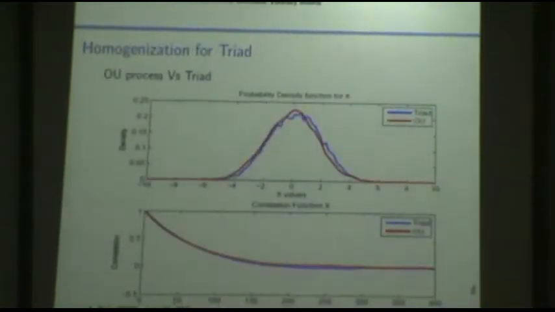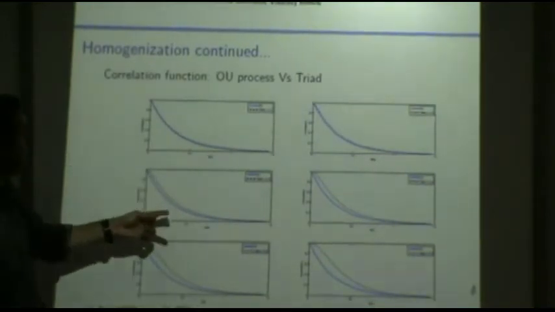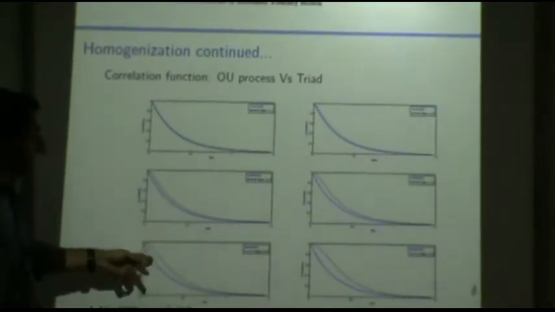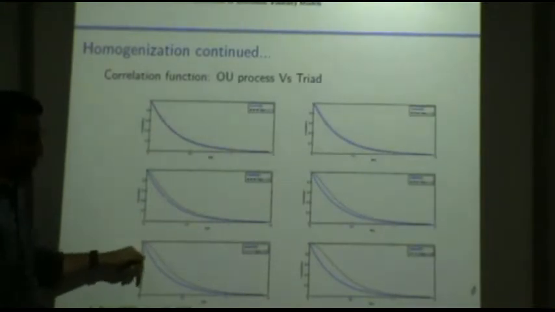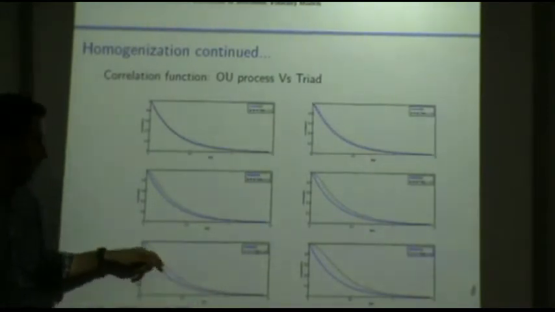Alright, so this is just to compare the slow variable versus the OU process numerically, but I think I'll skip this. I'll quickly comment. This indicates that there is a small scale difference in the two processes. This is the correlation function for my OU process.